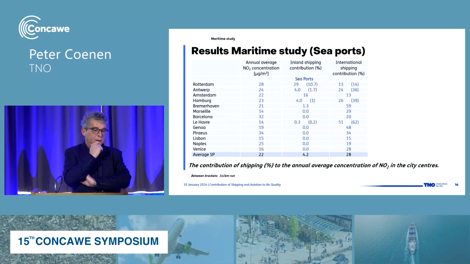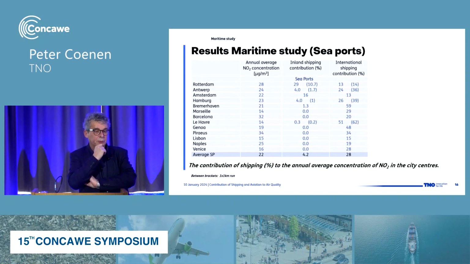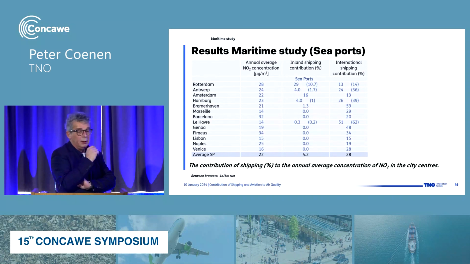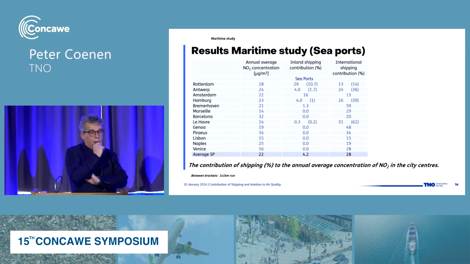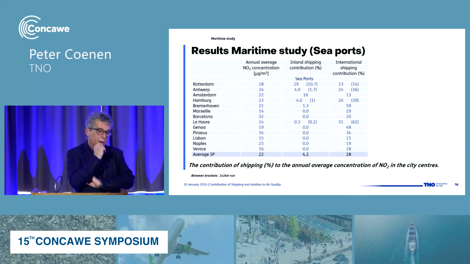For Rotterdam, 29% of the NO2 concentration can be explained by emissions from inland shipping, and 13% for international shipping. And you see also the main harbors like Antwerp, Amsterdam, Hamburg, they all have a large contribution of shipping to the NO2 concentration in the city.